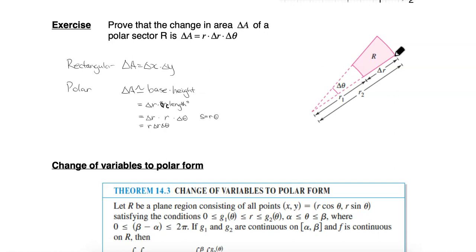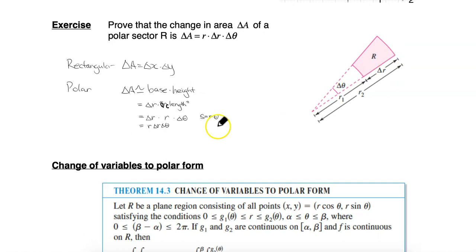So if we do base times height on this almost rectangle, if it was super tiny, it would get closer and closer to being a rectangle. The area of that rectangle is going to be delta r times arc length, so r delta r times delta theta.